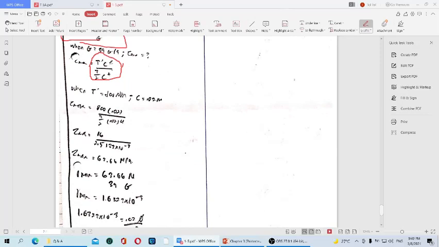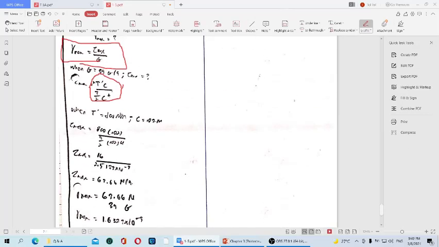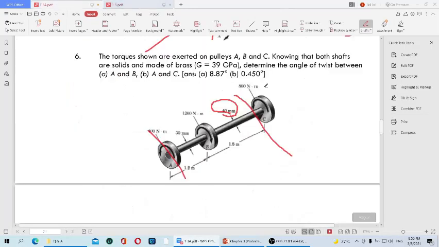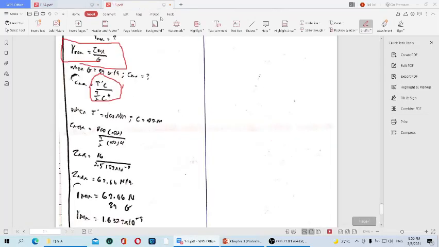Tau prime, which refers to torque. Tau maximum equals torque prime times C over pi over 2, C to the power of 4. The value of C will be the radius for this shaft, 14 millimeter, then it will be 0.024 meter.